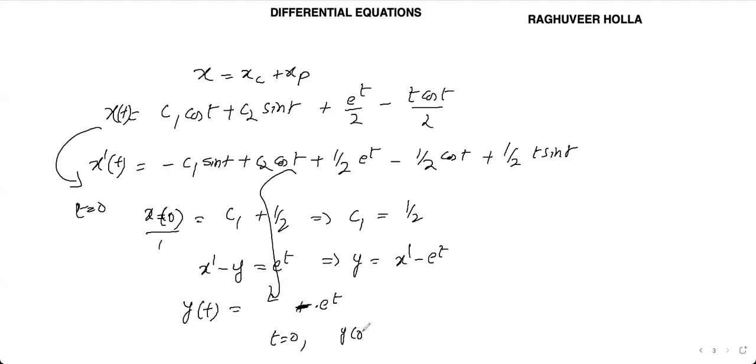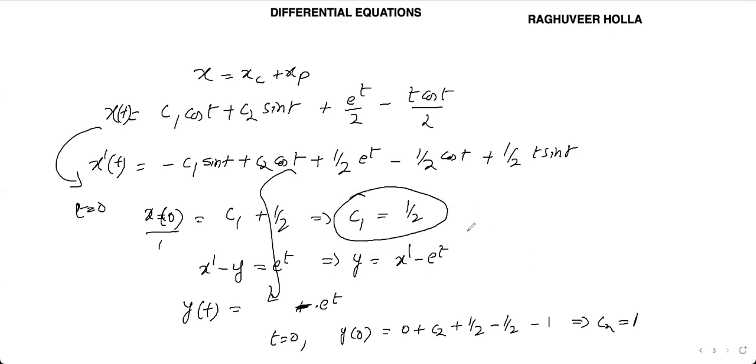So y of 0, which is 0, equals c2 plus half minus half, and then minus 1. These get cancelled, and y of 0 is 0, so you will get c2 as 1. Now we got c1 as half and c2 as 1. So we get x and y.